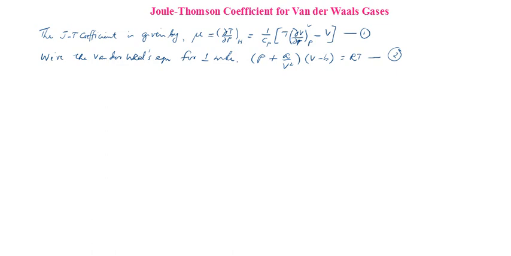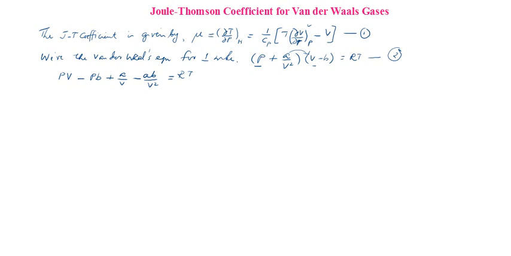On opening, it becomes PV, first term P into V, then minus PB, then A V by V square, so one V gets cancelled, so it becomes plus A by V, minus the last term, minus AB by V square, and on the RHS it is the same, RT.